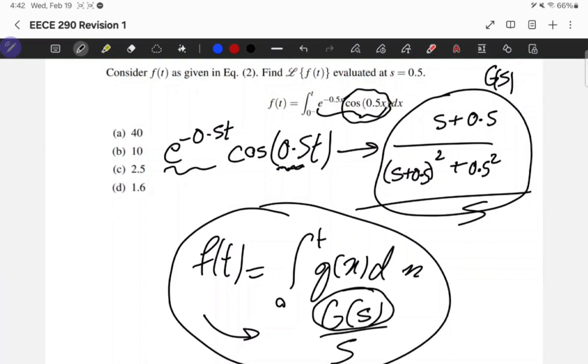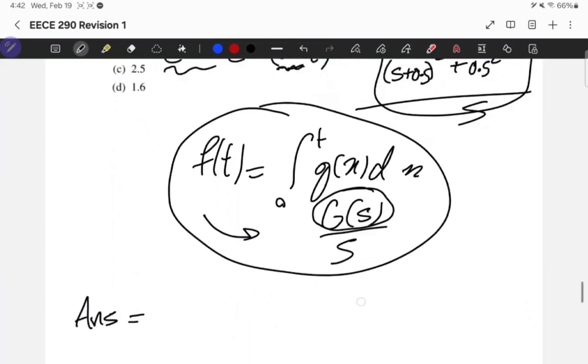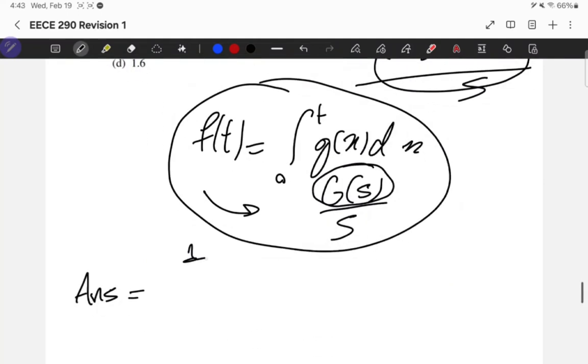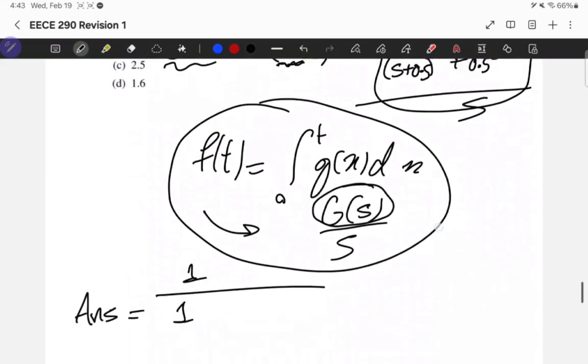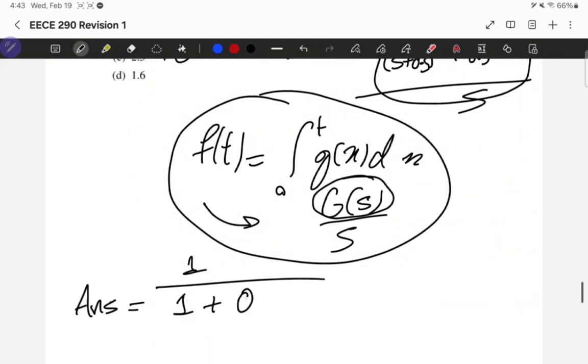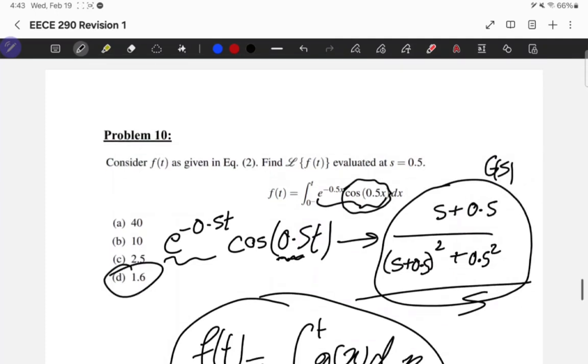So if I do so, my answer is going to be (0.5 plus 0.5), this is 1, divided by ((0.5 plus 0.5), again 1, plus 0.5 squared), all divided by 0.5. So I'm going to put 0.5 in here. So my answer is 1 over 0.5 into (1 plus 0.5 squared). So 1.6, which is answer D.